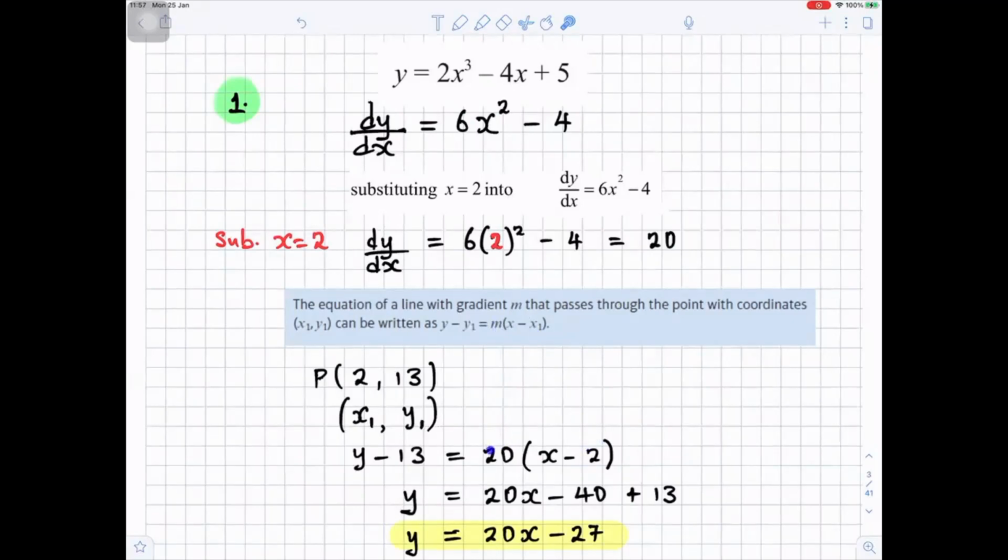You remove the bracket: 20 times x is 20x, and 20 times minus 2 is minus 40. You take the minus 13 to the right hand side, it becomes plus 13. So y equals 20x minus 27, because minus 40 plus 13 is minus 27. And that's your equation of the line.